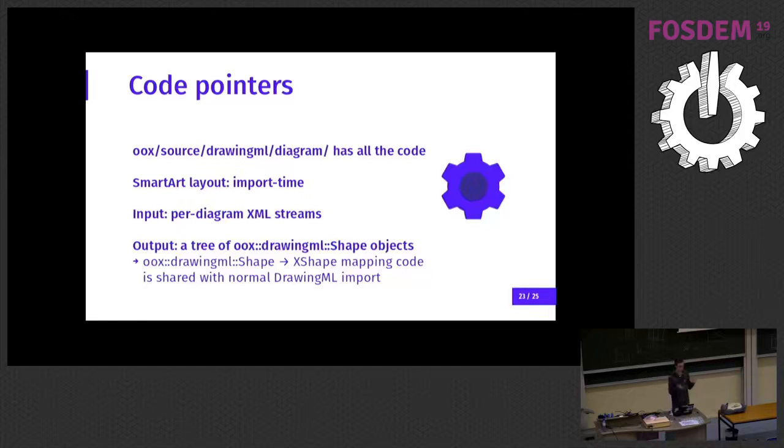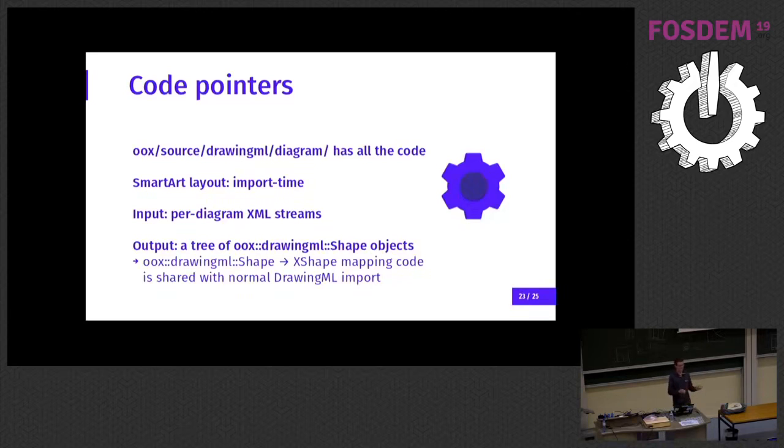Probably SmartArt is some product name, and diagram is the alias used in the specification, but they are the same. At the moment, all of this layout is happening at PPTX import time or OOXML import time. So if you want to test how this behaves, then you need to open a file and you will see the result, and you tweak the code, and again you re-import.